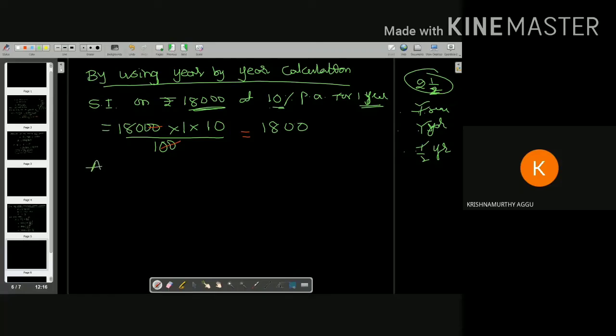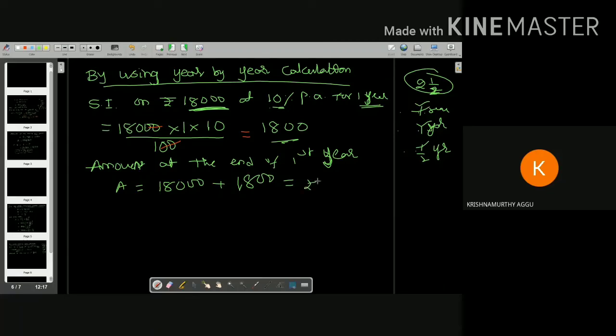Now we have to find amount at the end of first year. At the end of first year, amount is what? That we are going to find. Amount is equal to principal plus interest. Principal amount is 18,000 plus interest is 1800 rupees.